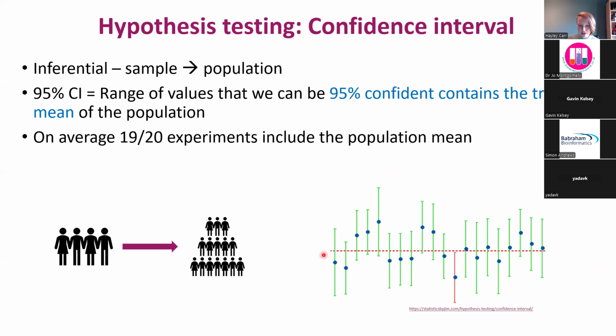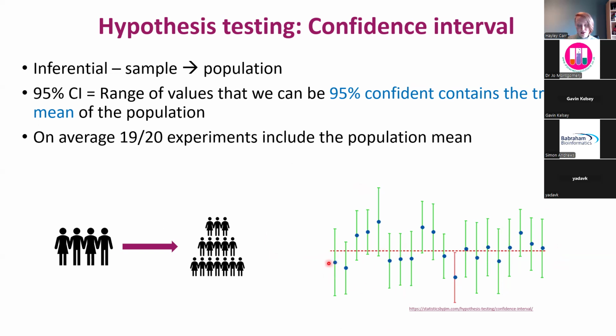So if we have a population mean as the red line down here, obviously in real life, we don't know this. That's why we're doing our experiments to try to figure this out somewhat. So if we did 20 different experiments, all from different samples of the same population, we might end up with these confidence intervals.